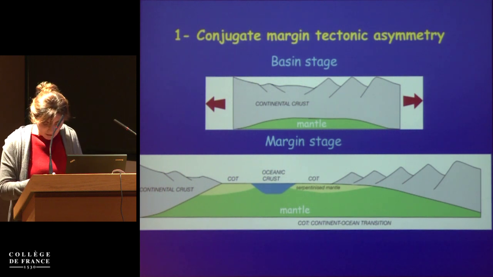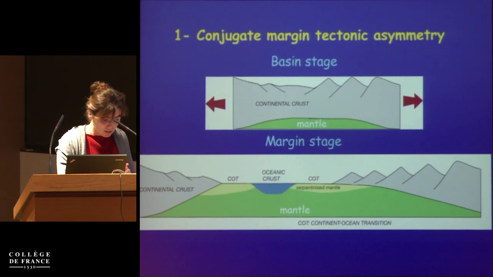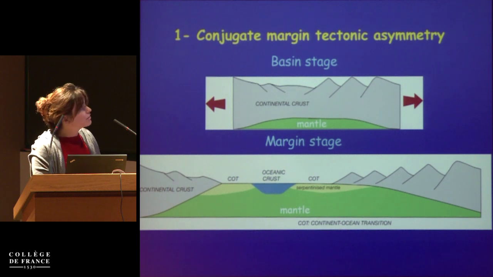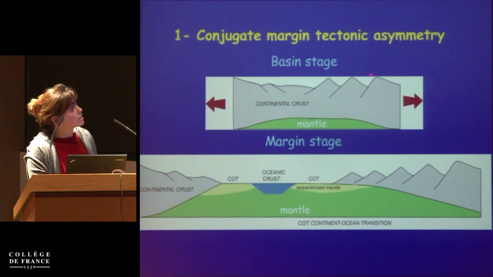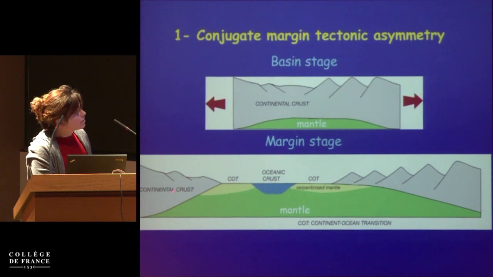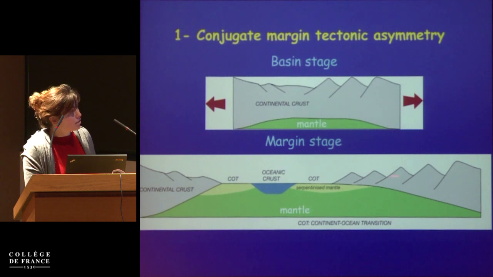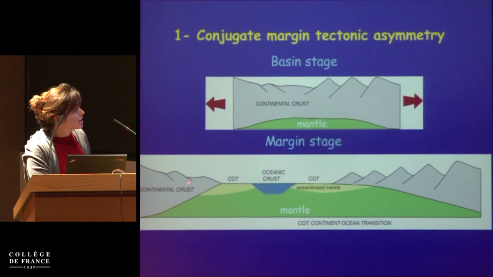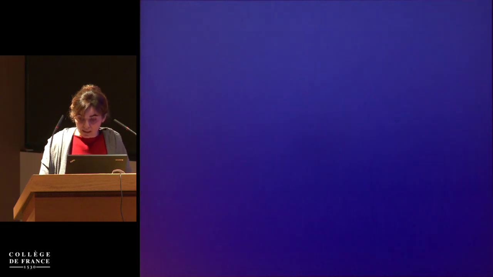At the start of extension, we have systems which do not show any preferred orientation of faulting, and at the end of extension, we often find conjugate margins where one of the margins presents abundant faulting in the upper crust and a smooth crustal thinning, and the other margin presents much abrupter crustal thinning and much less faulting.